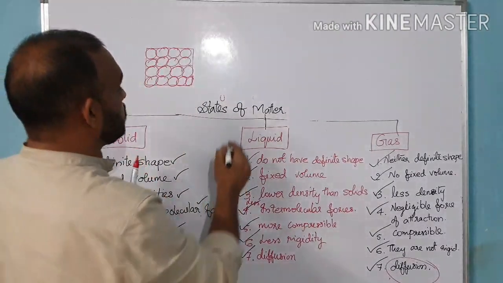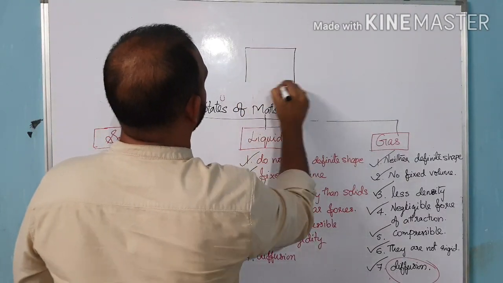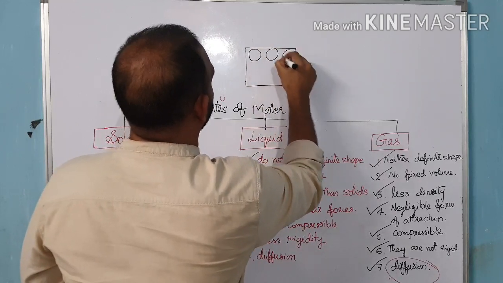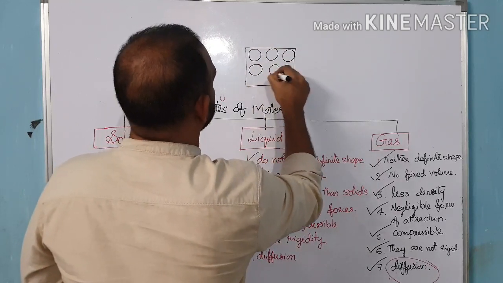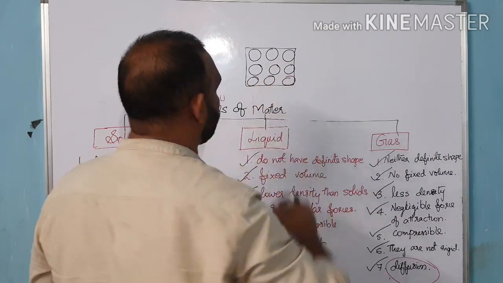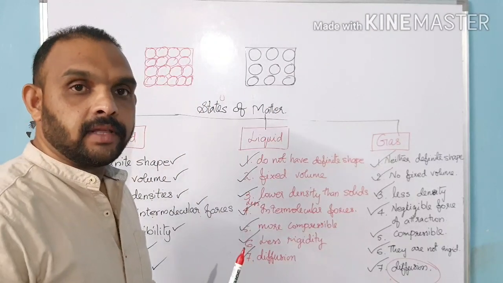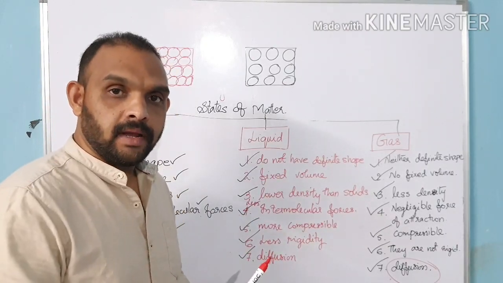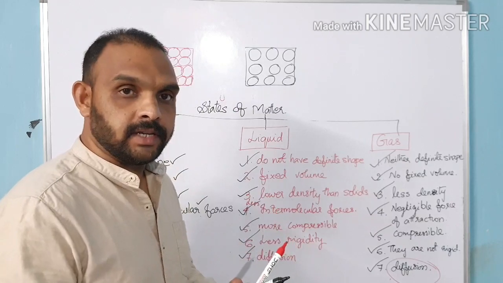While coming to liquids, if you take a portion of liquid, they have space between the particles. The particles can move here and there, and because of less force of attraction, they are compressible and have less rigidity.